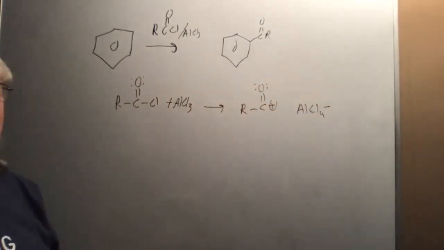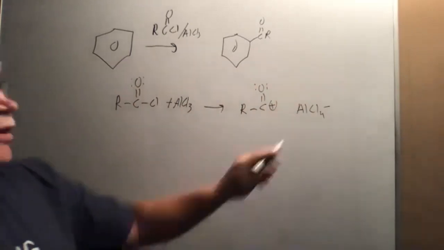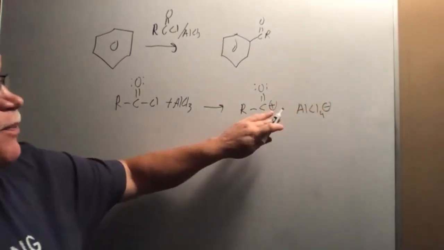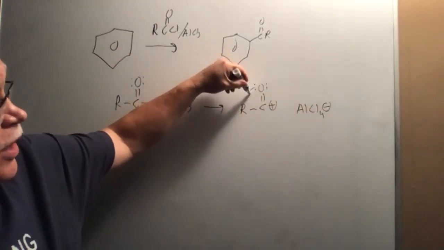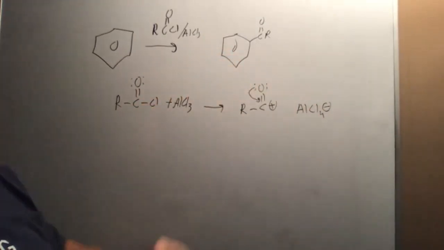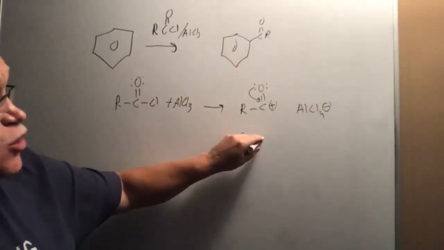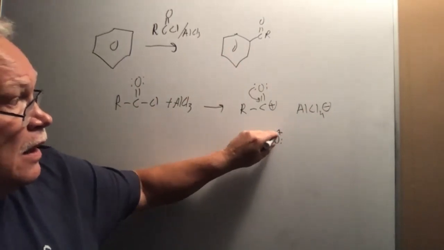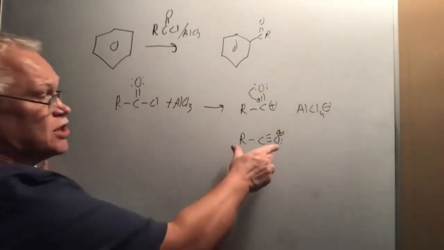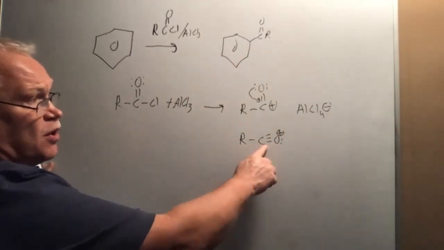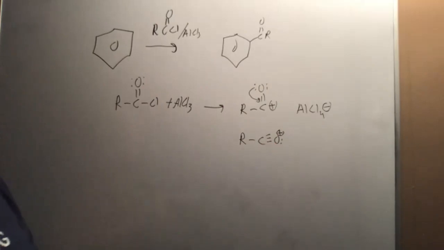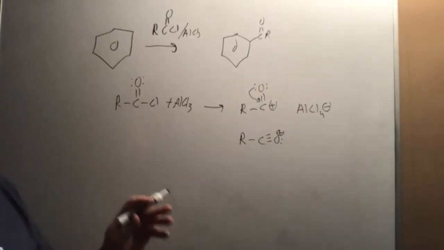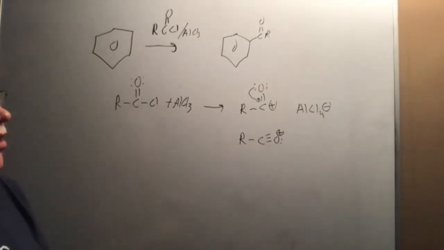Now, that's exactly what happened in the alkylation. Except this carbocation, bringing a pair of electrons down, is resonance stabilized. This is actually the more stable resonance structure because notice we get octets for everybody and we have the most number of bonds.